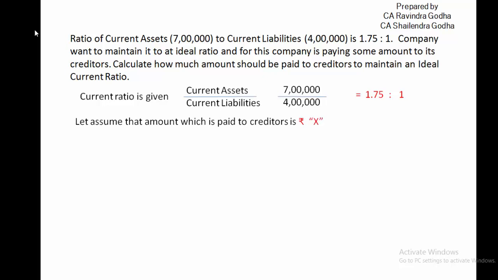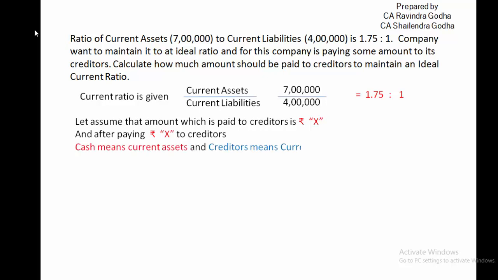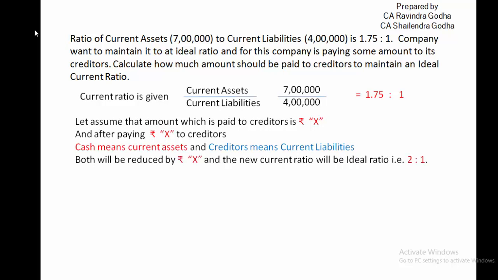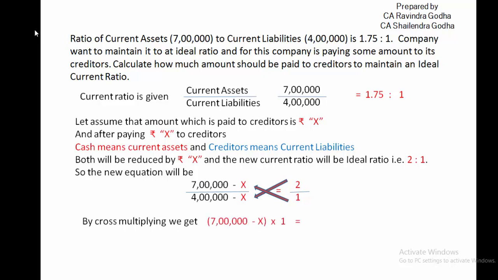Let's assume that the amount which is paid to creditors is rupees X, and after paying rupees X to creditors, cash means current assets and creditors means current liabilities, both will be reduced by rupees X, and the new current ratio will be the ideal ratio, that is 2:1. So the new equation will be 7 lakh minus X divided by 4 lakh minus X is equal to 2:1, and by cross multiplying we get 7 lakh minus X into 1 is equal to 4 lakh minus X into 2.